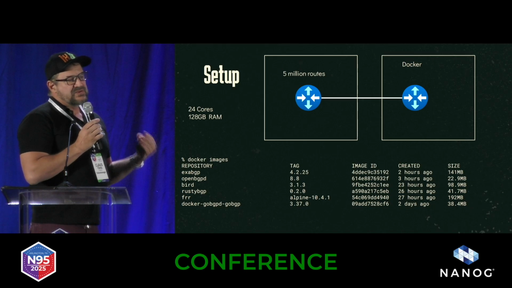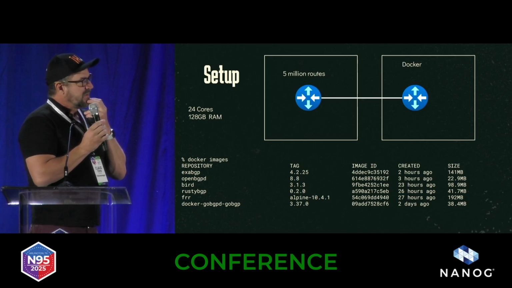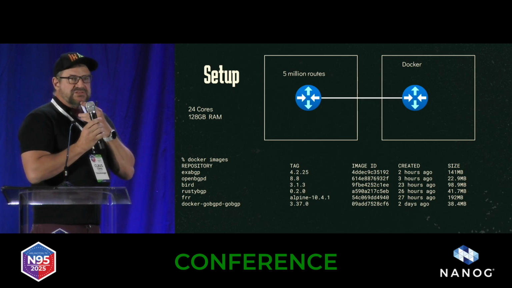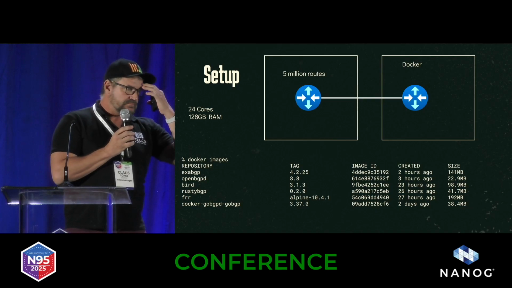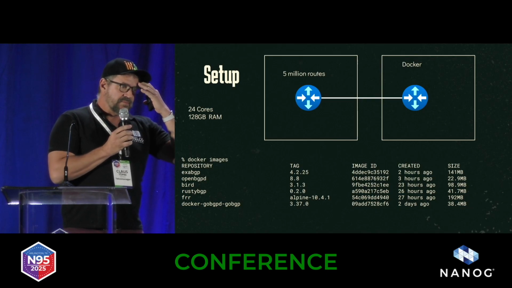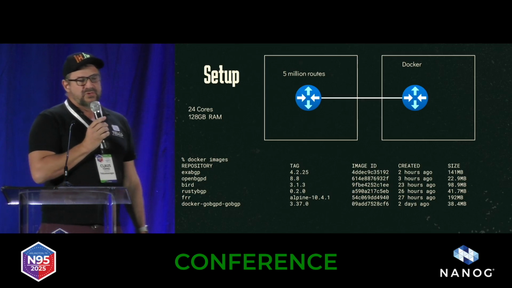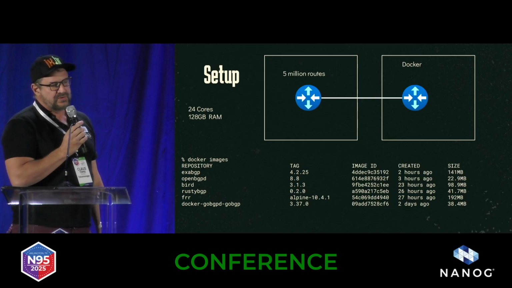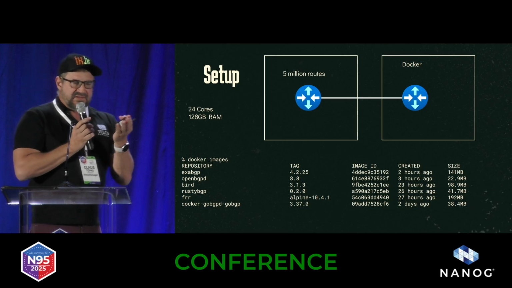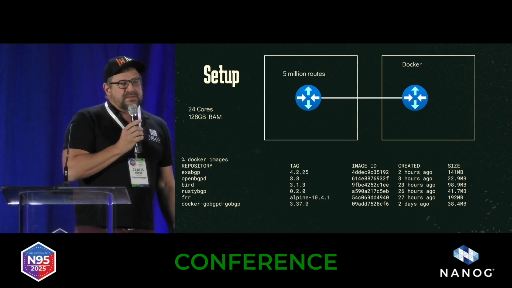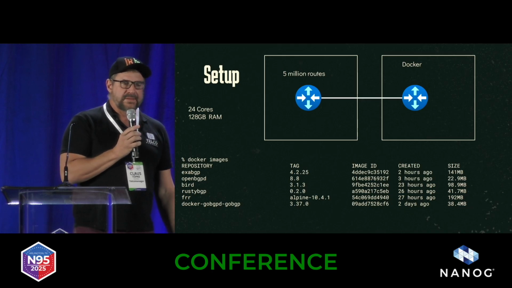So I decided to use a very simple methodology for performance. I created 5 million routes in one router, let's say, and put it inside a container. Then I connected it to another container using VEF, which would not introduce any network bandwidth limit. The machine has 24 cores and 128 gigs of RAM.